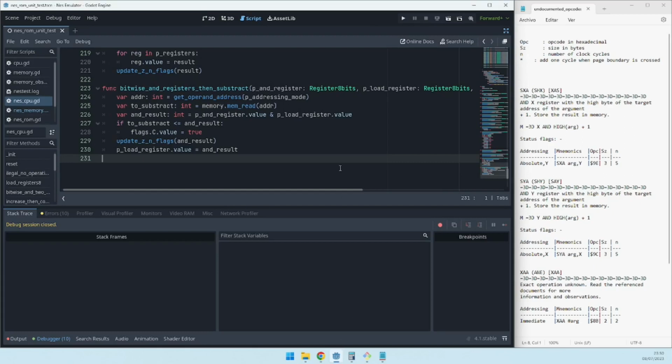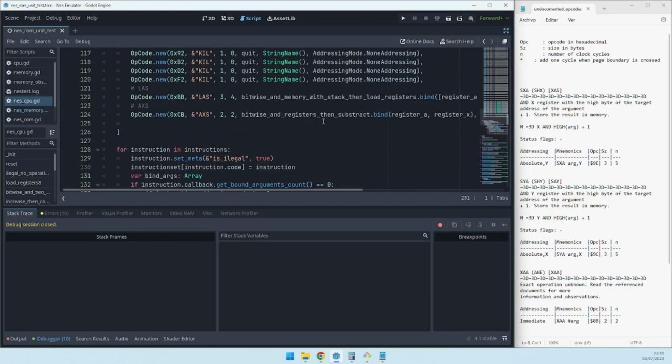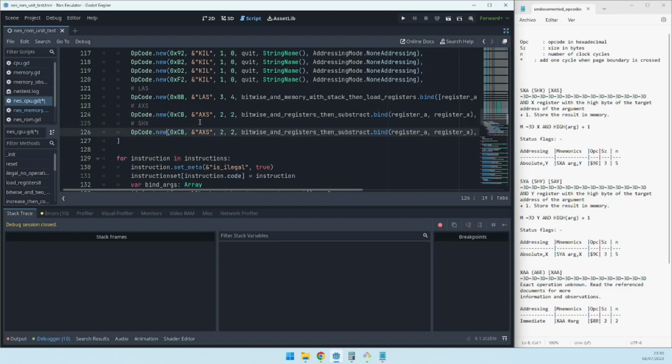X. SHX. Opcode is 9E. 3 bytes, 5 cycles.